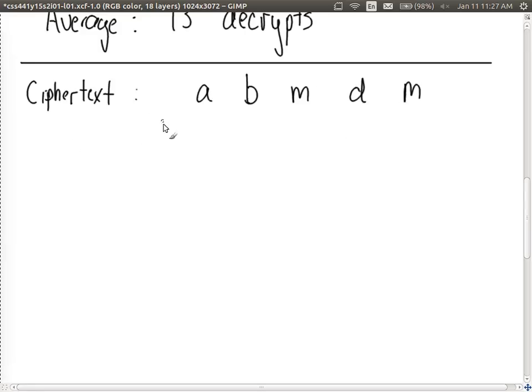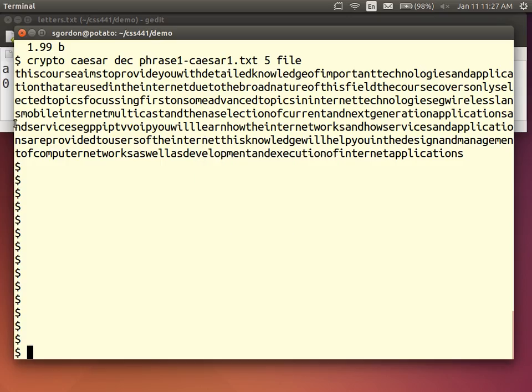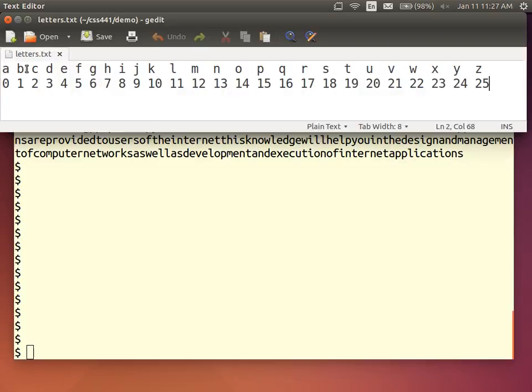Let's map those to numbers. A is the number 0. If you can't remember your alphabet, start remembering it. But we're just mapping the letters to numbers. B is 1, M is 12, and so on.